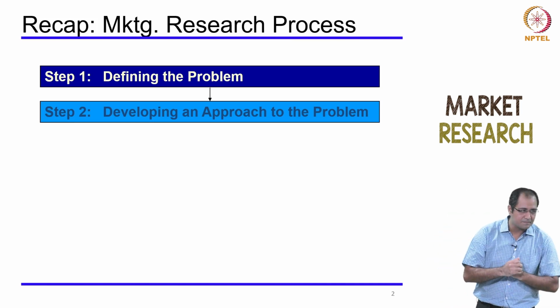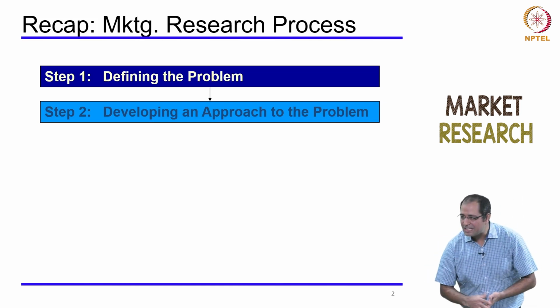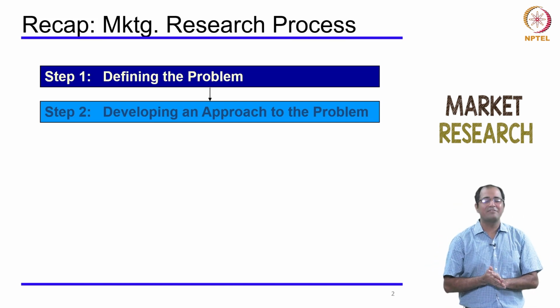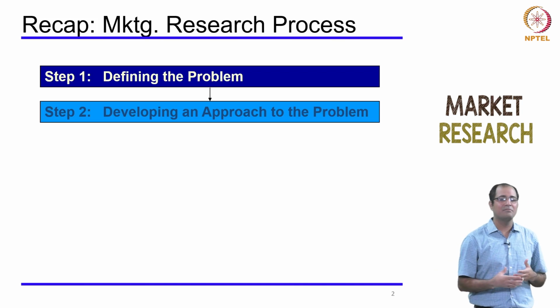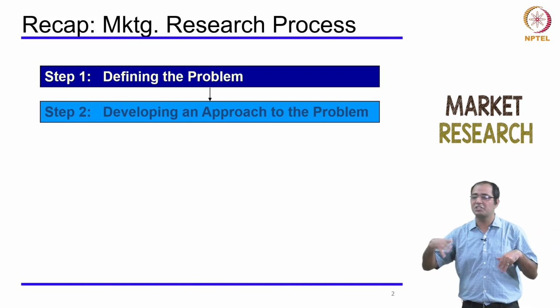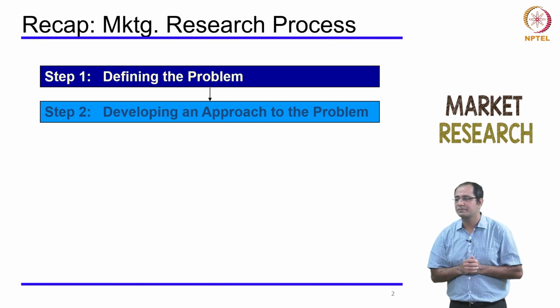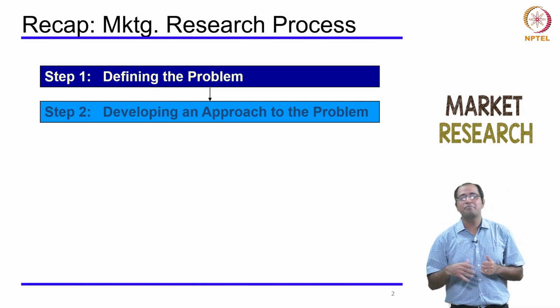We will do that. But let's move on to step number 2, so that we get an idea of how to break the components of the marketing research problem further into research questions and hypotheses, to further simplify.